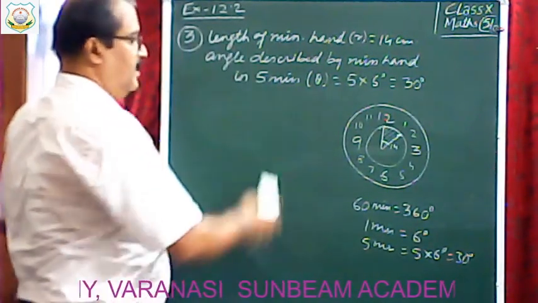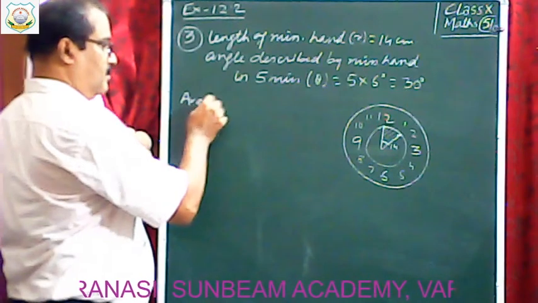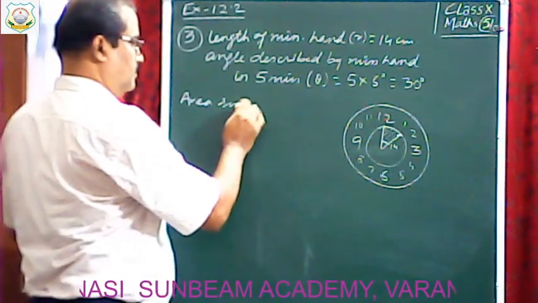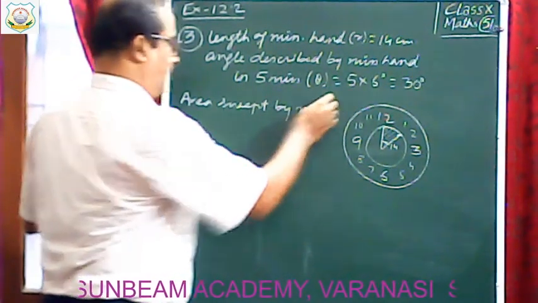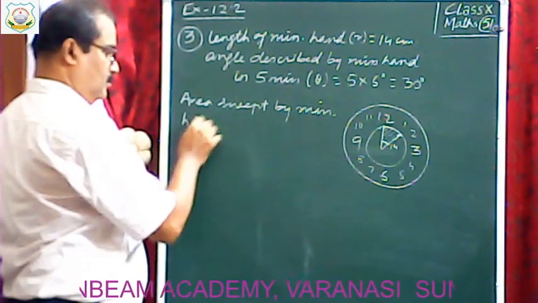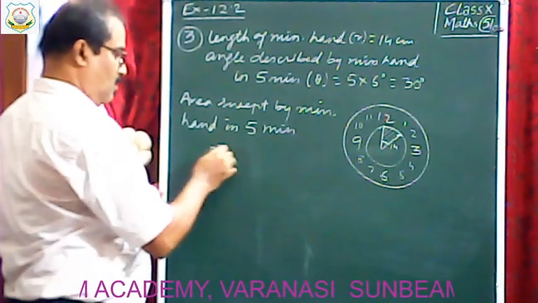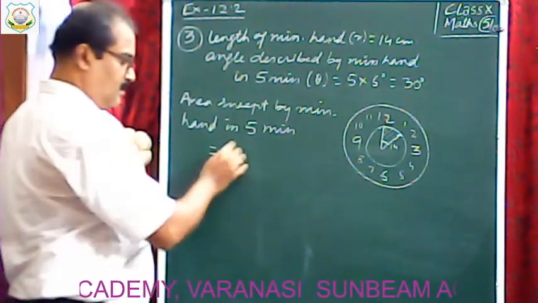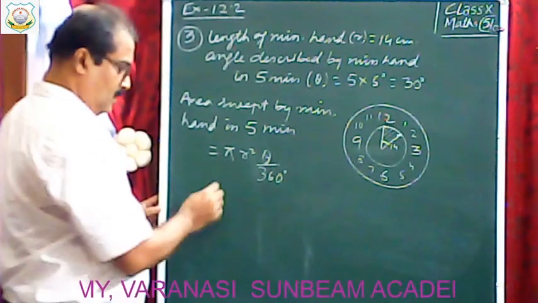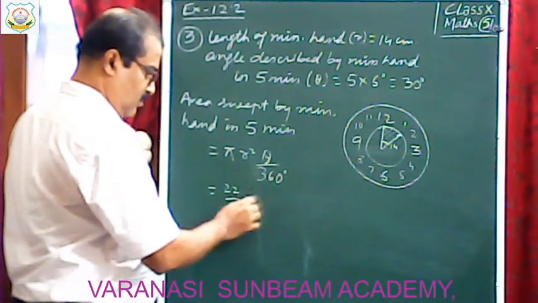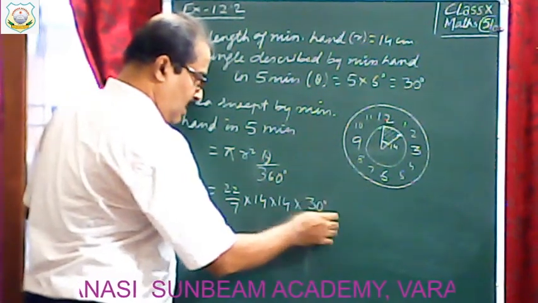Thereafter, area swept by the minute hand in 5 minutes is equal to area of sector, pi r square theta upon 360 degree. Calculate 22 by 7 into radius 14 into 14 into theta, that is 30 degree upon 360 degree.